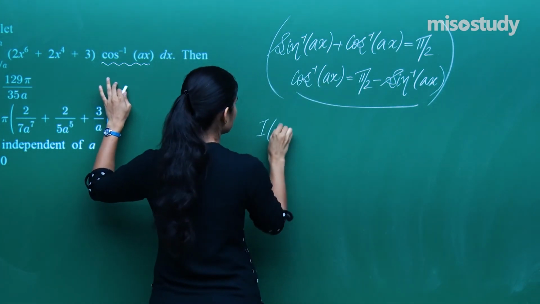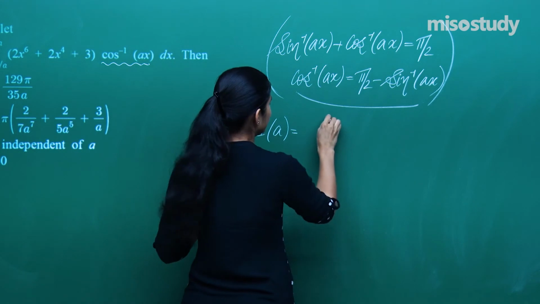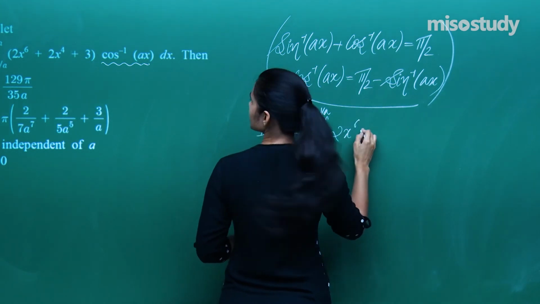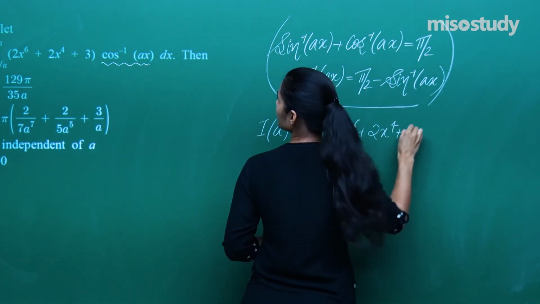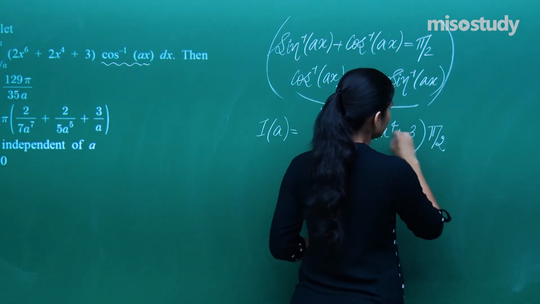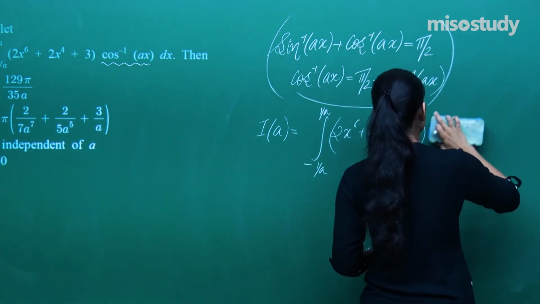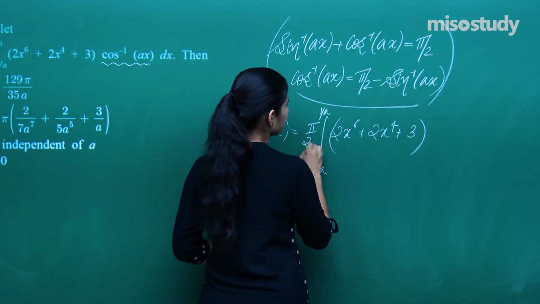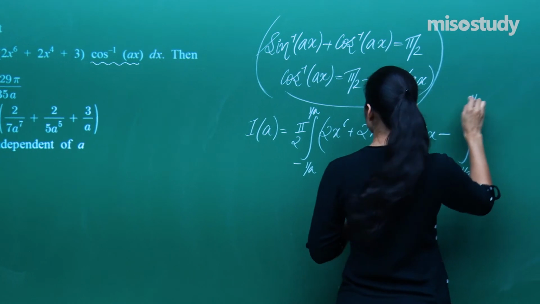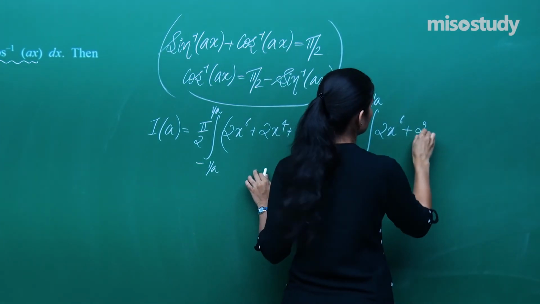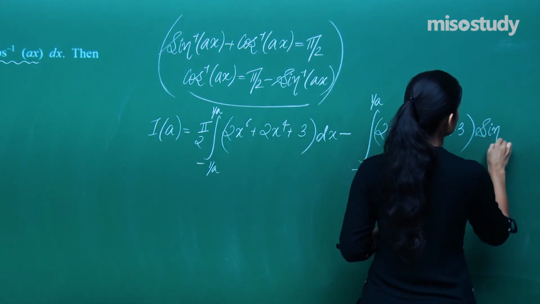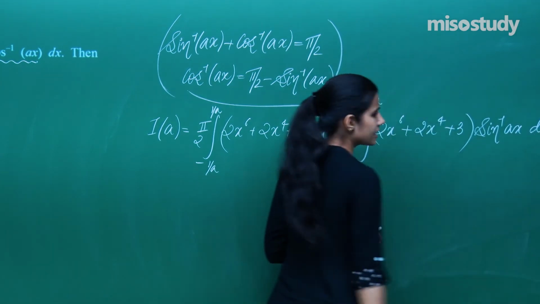I of a will be the integral from minus 1 by a to 1 by a of 2x to the power 6 plus 2x to the power 4 plus 3, times cos inverse ax, which is pi by 2 minus sine inverse ax. This many times pi by 2, so let me just bring it outside, dx, minus, again from minus 1 by a to 1 by a, 2x to the power 6 plus 2x to the power 4 plus 3 into sine inverse ax dx.